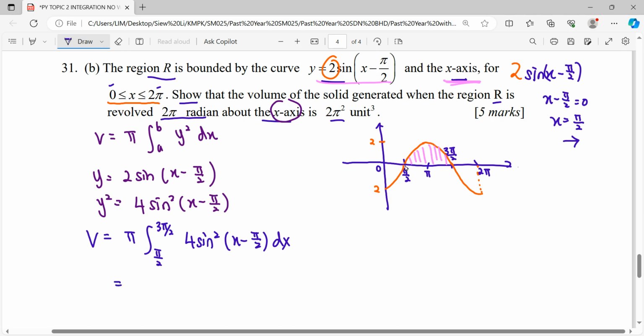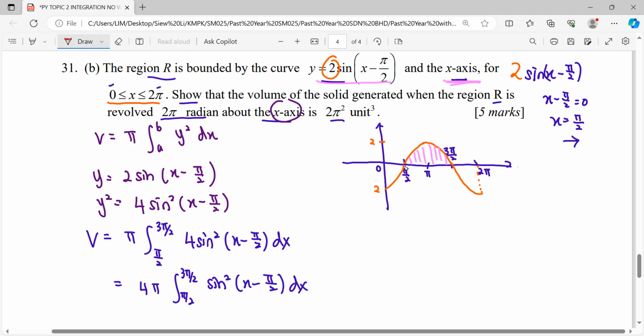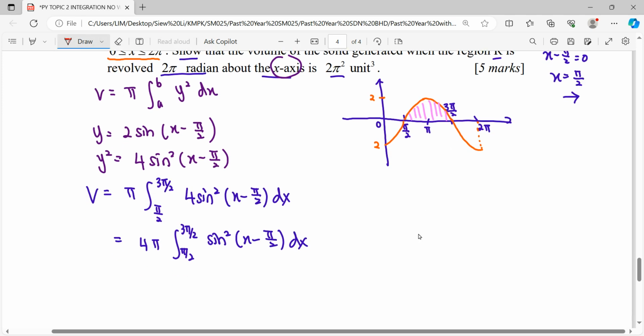To integrate this, I factorize the 4. To integrate sine squared x dx, we need to use the double angle formula.